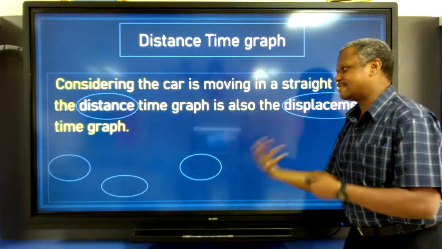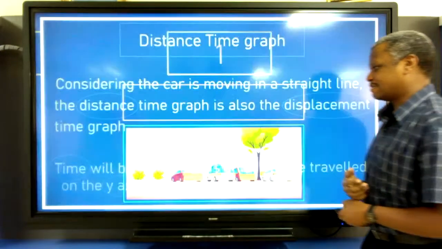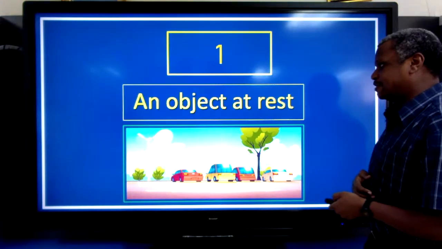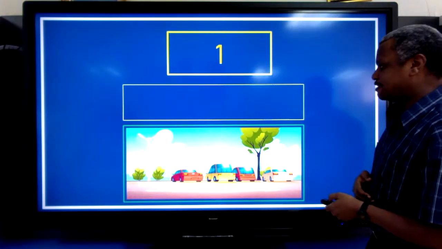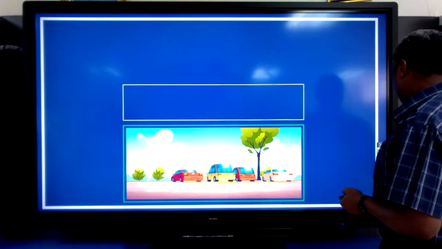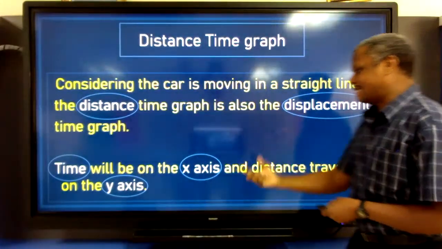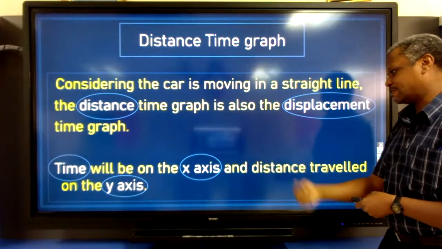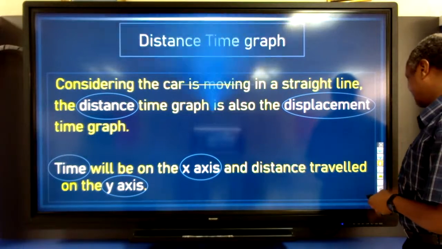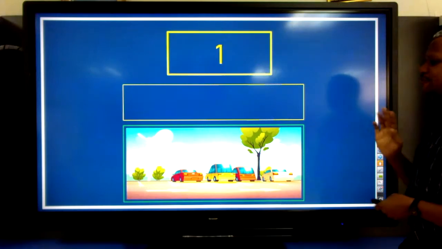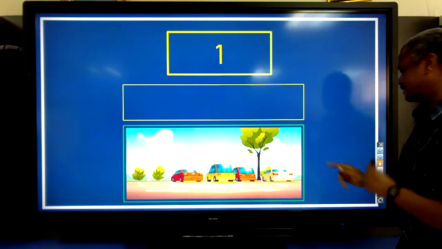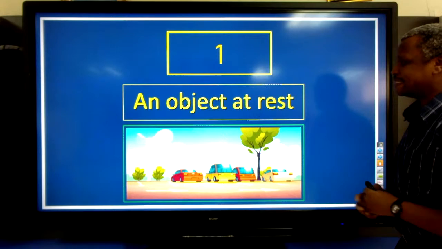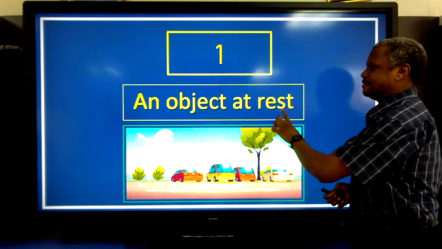It uses just the same format. We are also going to divide this into different scenarios. Time will be on the x-axis and distance travelled will be on the y-axis. Now, we are going to look at different scenarios. One, we look at an object at rest.